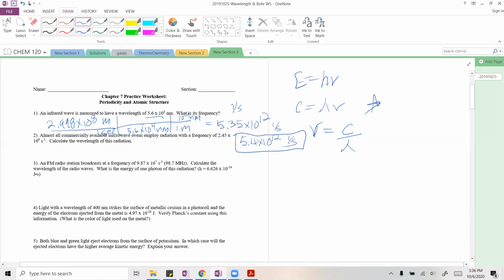Our next one says almost all commercially available microwave ovens employ radiation with a frequency of 2.45 times 10 to the 9 per second. So they would like us to calculate the wavelength of this radiation. This time, we're still using that same equation, but instead of solving for frequency, we want to solve for wavelength. So our wavelength should be the speed of light divided by the frequency.